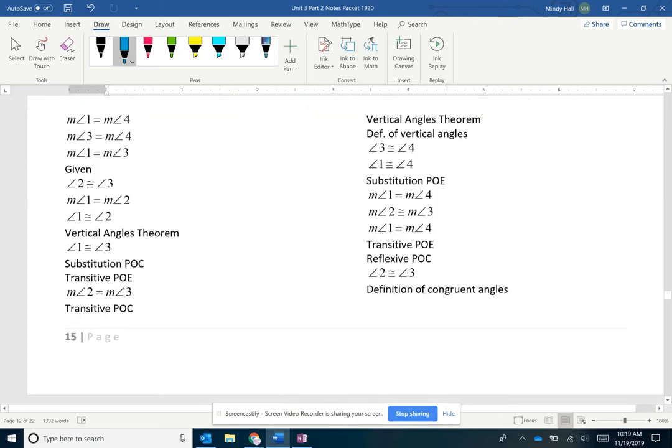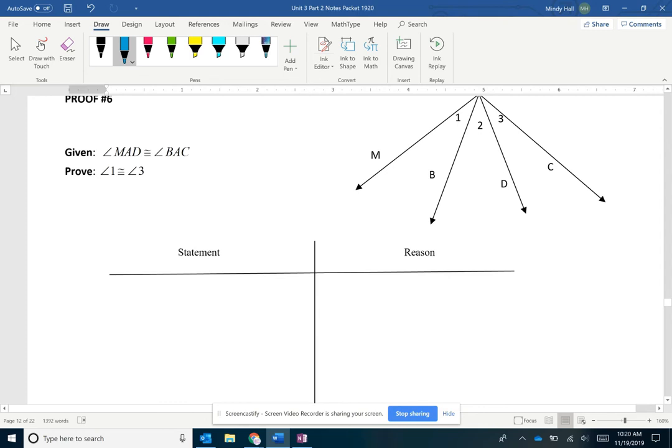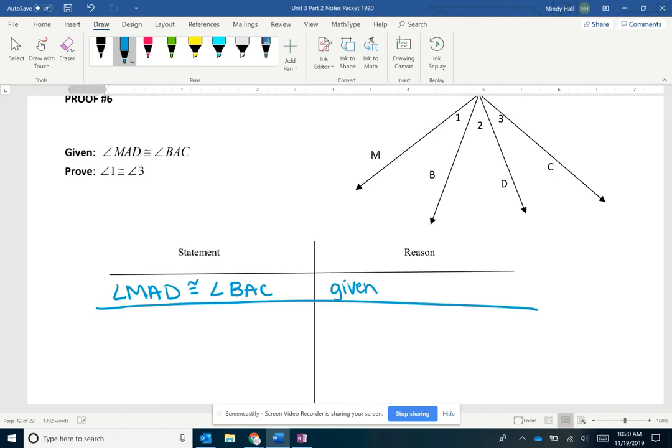So for number 6, here we go. We have that angle MAD is congruent to angle BAC. And we want to prove that angle 1 is congruent to angle 3. So first, we need to know what MAD and BAC are.